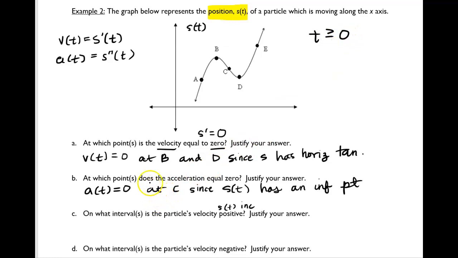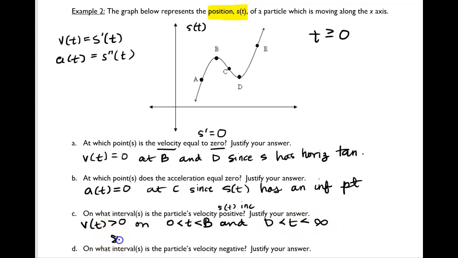We don't usually have negative time. And so we're going to say velocity is positive on the interval from 0 less than t less than b, because my graph was increasing there, and then also from d up to infinity, d less than t less than infinity.